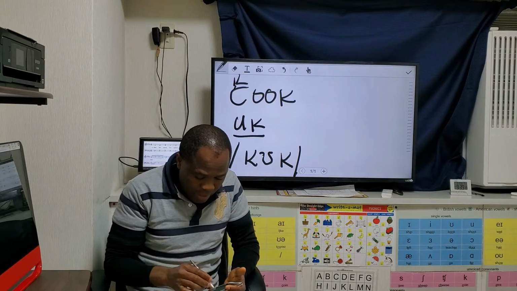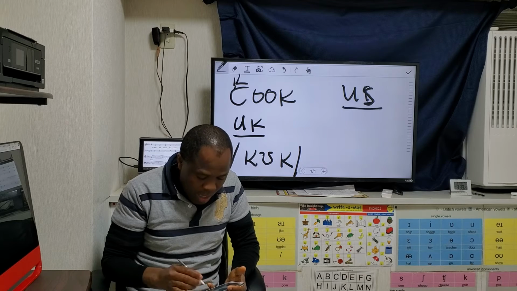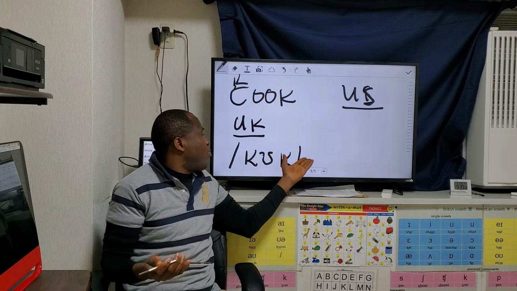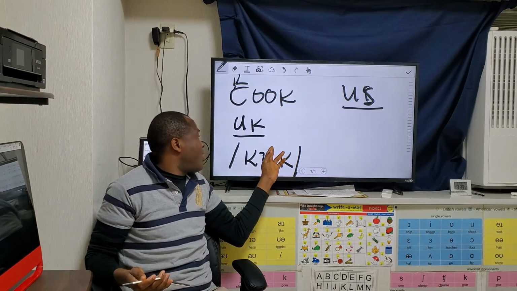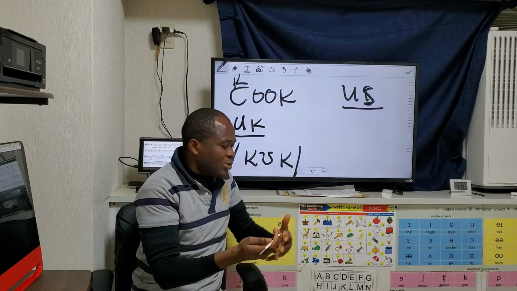Let's look at under US. Remember I already explained how to write an IPA transcription. When you're writing the UK, the slash goes to the left. If you're writing the US, it goes to the right.